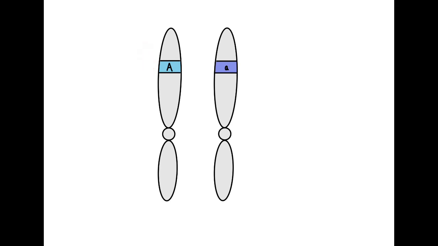Let's call it an imaginary gene that would code for the size of your eyes. In this case, we would have one that has this capital A, which we will talk about dominance and recessive after, and one that has this lowercase a. So the different versions of this eye-size gene are what we would see on each of the chromosomes. So these are separate alleles.